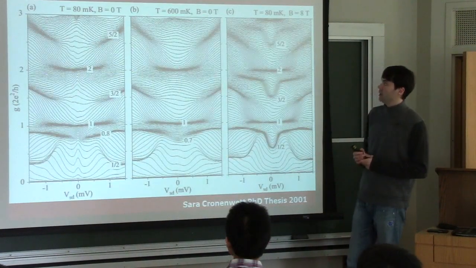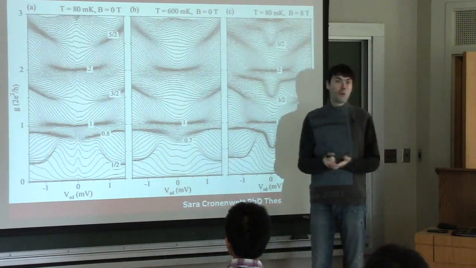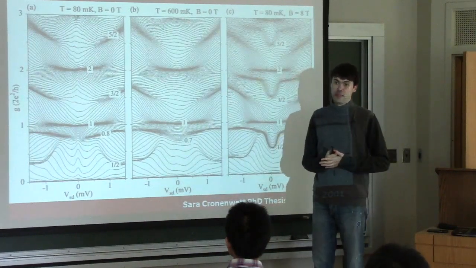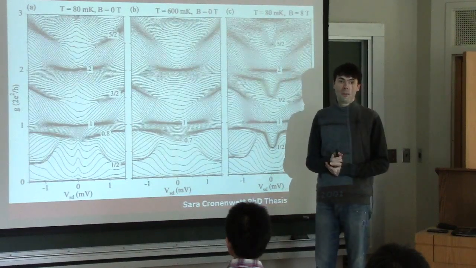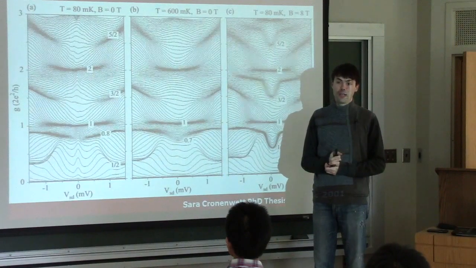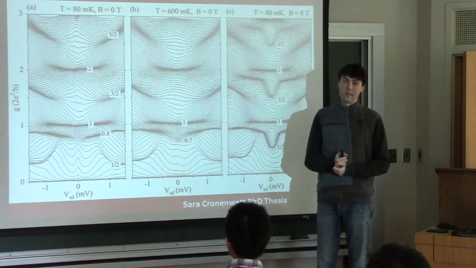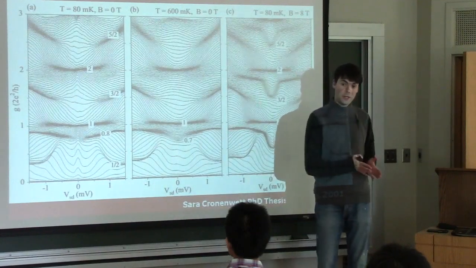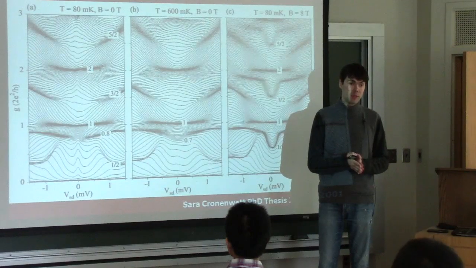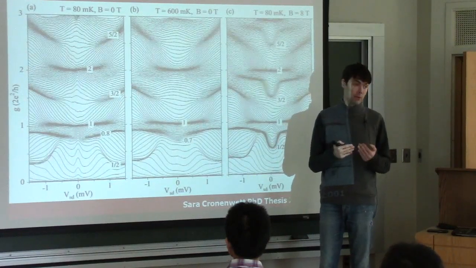Now I want to spend a little bit of time looking at the same quantum point contacts, but now in the nonlinear regime. That means that we apply a fairly large voltage bias, large specifically compared to temperature. So we should distinguish the linear regime. Linear transport regime is when the applied voltage bias is smaller than temperature.